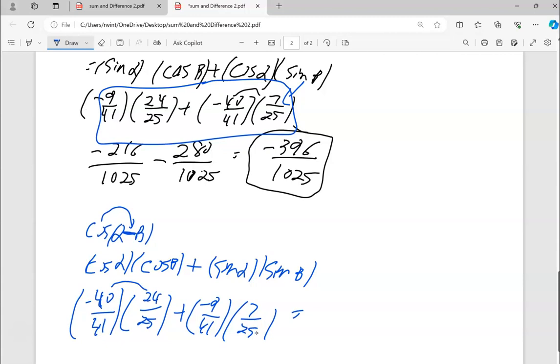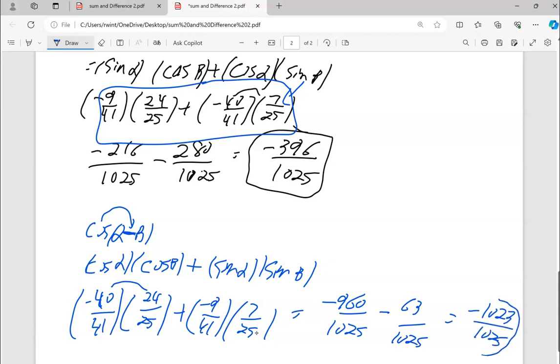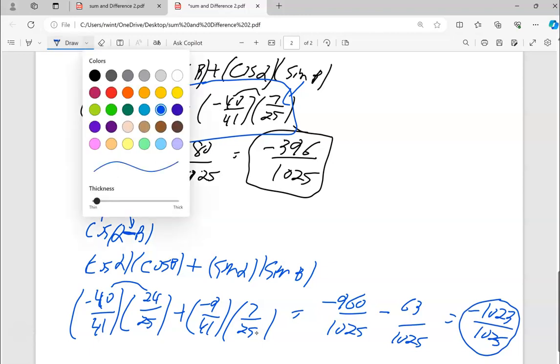Negative 40 times 24 is negative 960 over 1025. Negative here, 9 times 7, 63 over 1025. Combined together, that's negative 1023 over 1025. And then lastly, to do the tangent, let me change colors one more time.